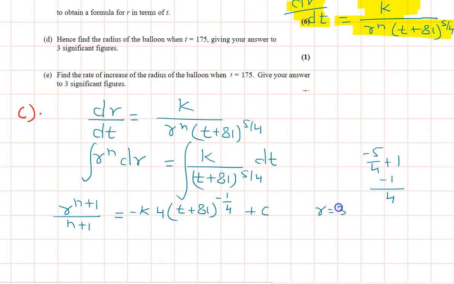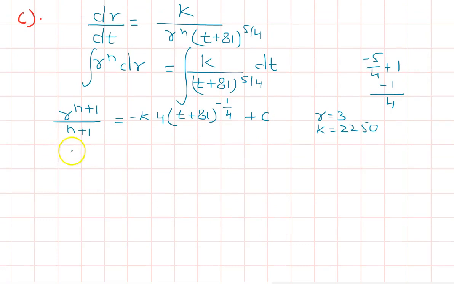Now n is equal to 2 and k is equal to 2250.